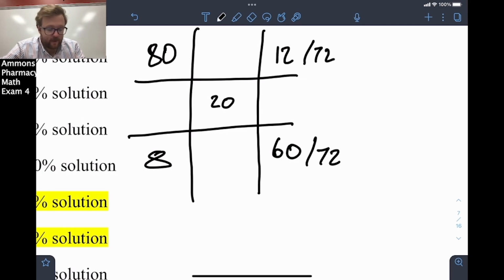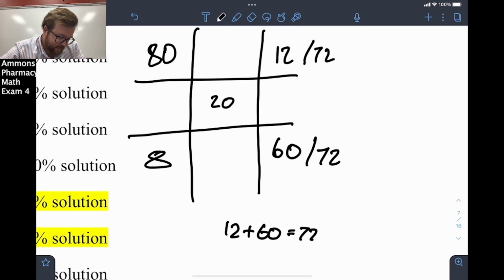And if you're unsure of where I'm getting that, it's just the top and the bottom added together. So 12 plus 60 is 72. That's how many parts total we get, because the 12 is how many parts of that solution. 60 is how many parts of that solution. So put them all together, because we're all mixing them together, 72 parts total.